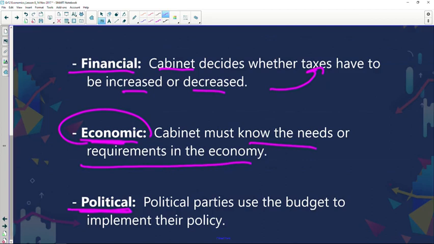We know that different political parties have different policies that they think will be ideal for South Africa. So that depends on the political party that is running the country, or whether they are an opposition party. They might have a different philosophy when it comes to budget and policies as well.